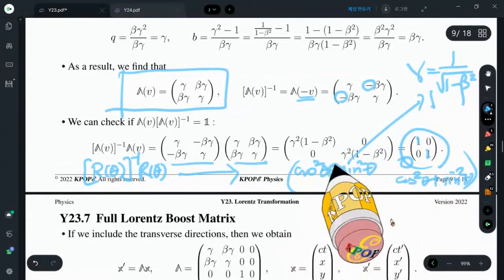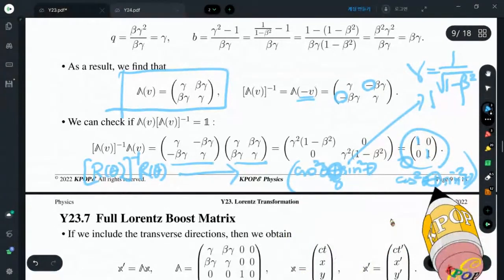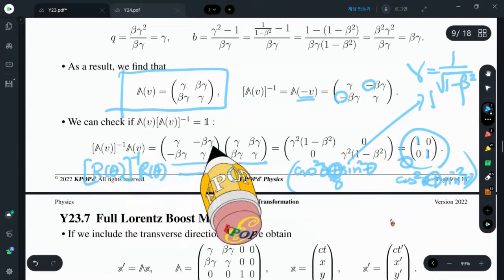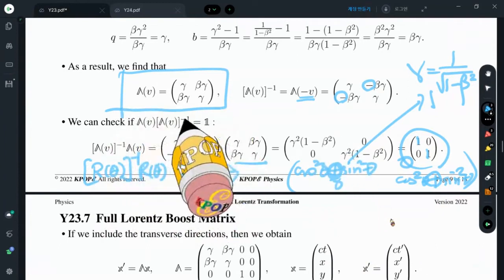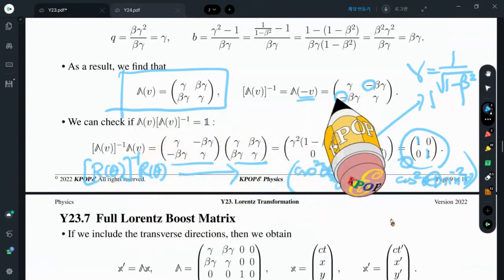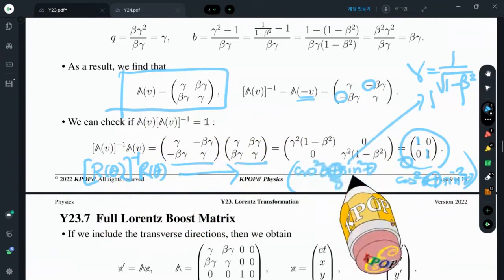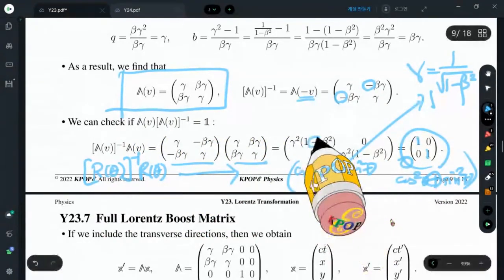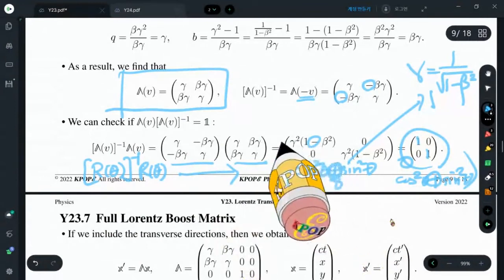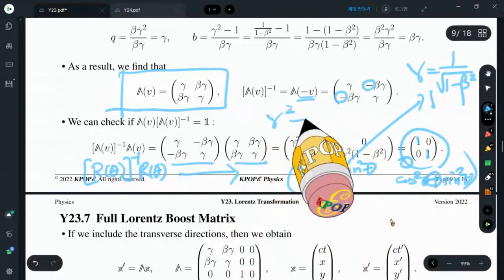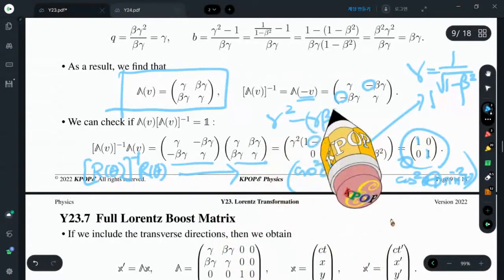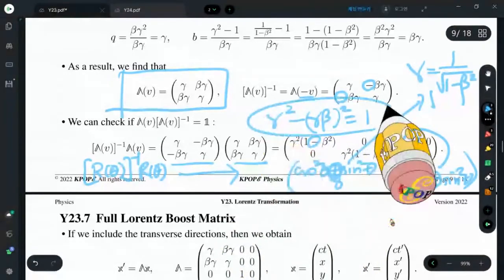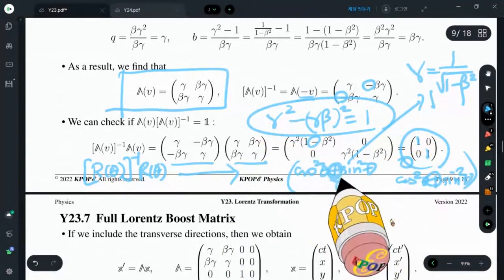However, while this sign is positive in the Euclidean space, the space we are considering for the four-dimensional object called 4-vector is not positive but negative. That means gamma squared subtracted by gamma beta squared. This is 1. Here, plus is 1.